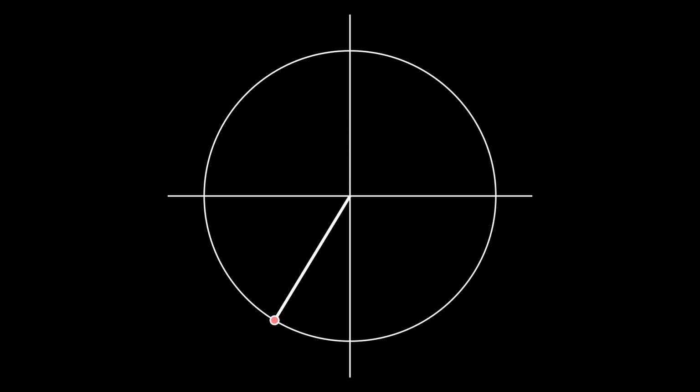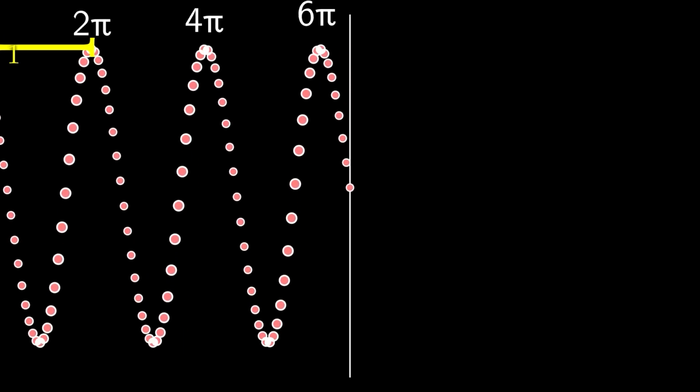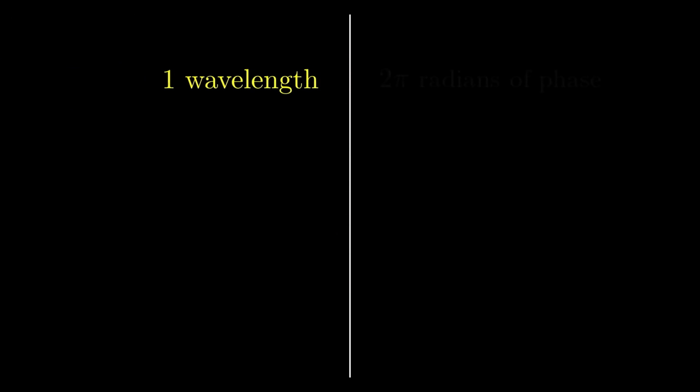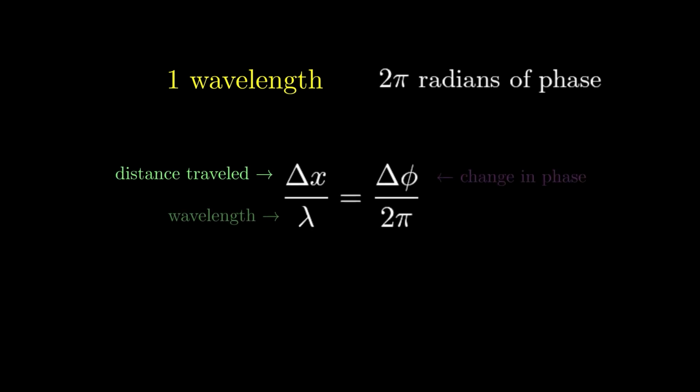But what is phase? Well, phase is a number between 0 and 2 pi radians, or 0 and 360 degrees, and it describes how far into a cycle a wave is. 0 phase is at the start of the wave, while 2 pi is after 1 full wavelength. Because 1 full wavelength corresponds to 2 pi of phase, we can set up ratios between the distance a wave travels and the amount of phase that it accumulates over that distance.